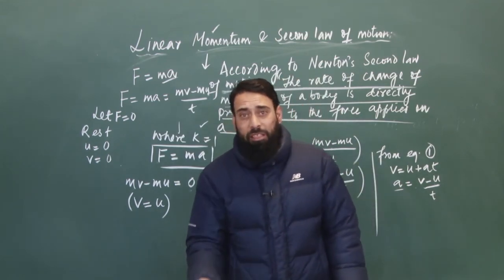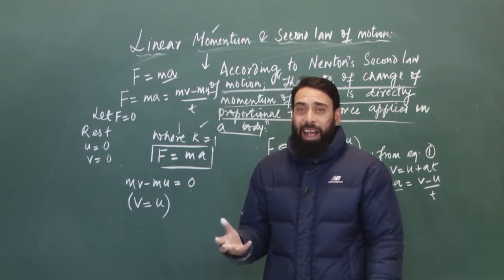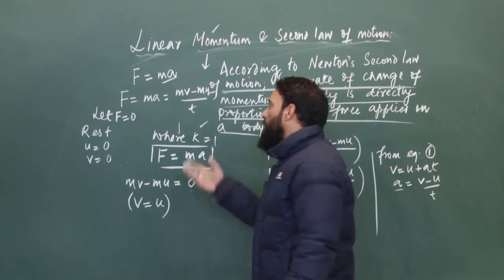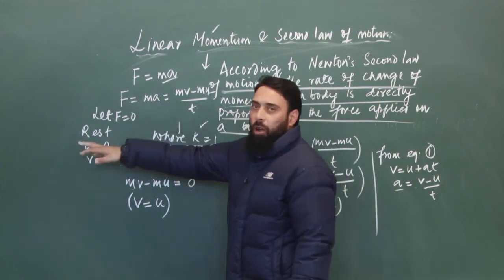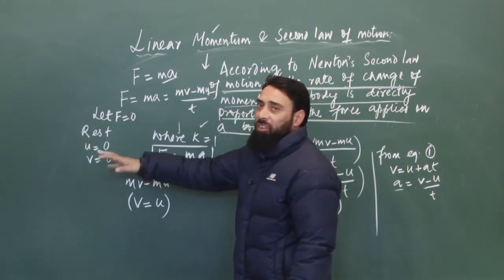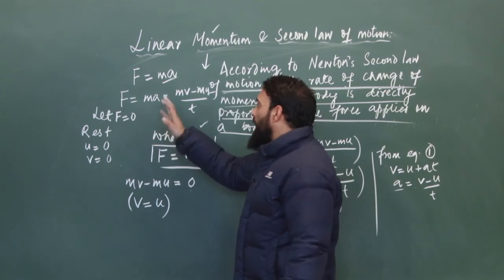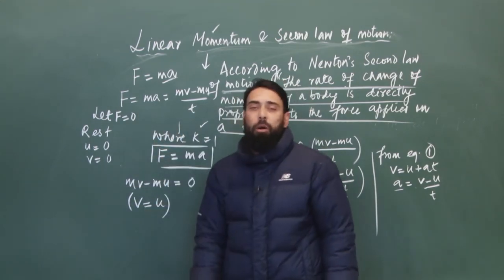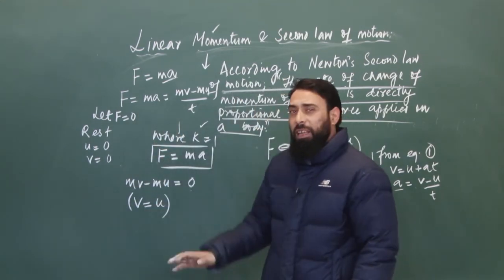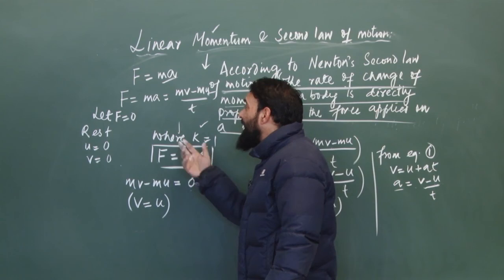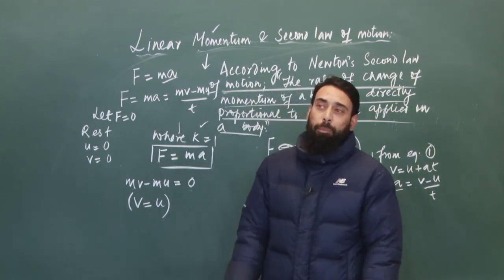And this is the basic idea of the first law of motion, that whenever no force is applied, a body which is at rest will remain at rest. A body moving with a uniform motion will continue its uniform motion till some external force is applied on the body.